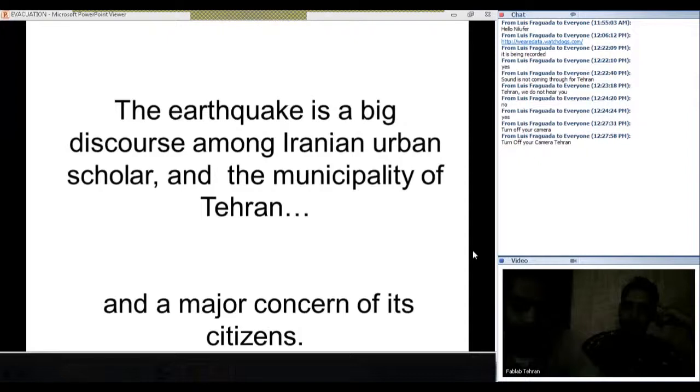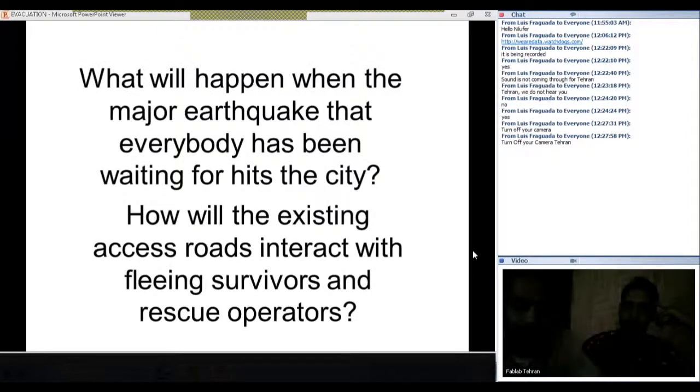So, what will happen when it hits the city and the roads are blocked? Will the debris from the destroyed buildings completely block the narrow access roads? Will it not hamper the rescue operations and the fleeing people from the affected area?